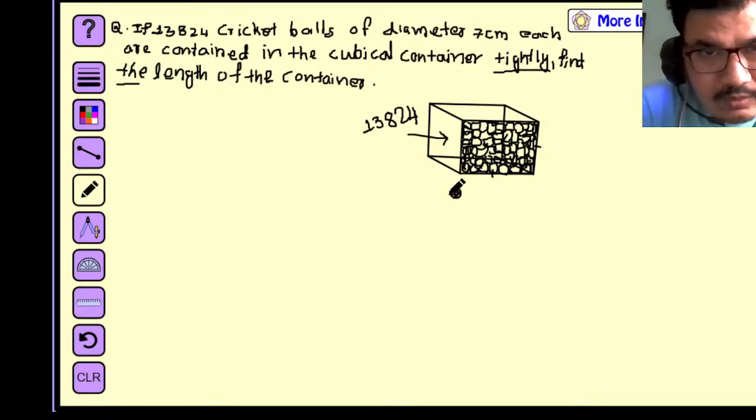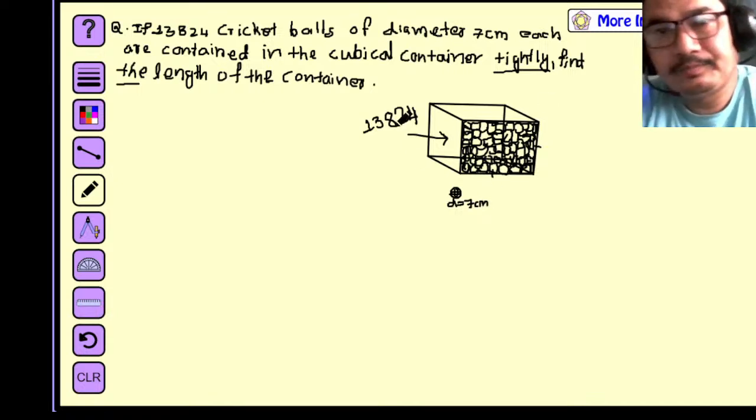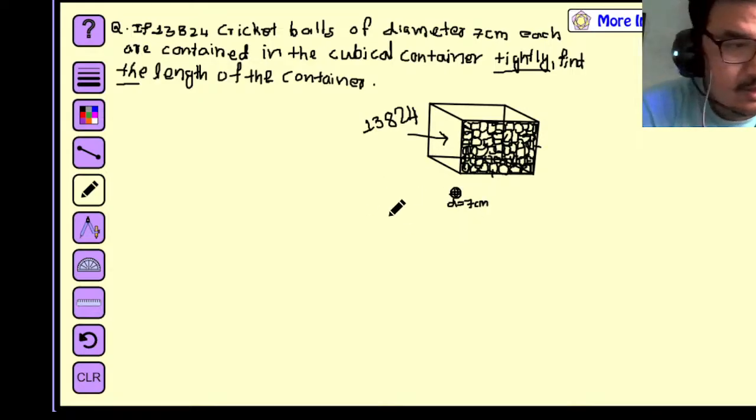And from here to here is the diameter, the diameter of one ball given there, 7 centimeter, right?